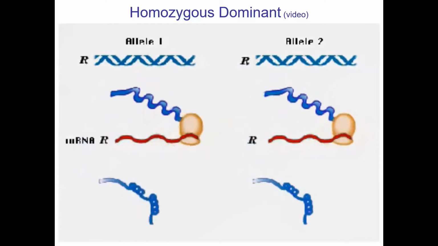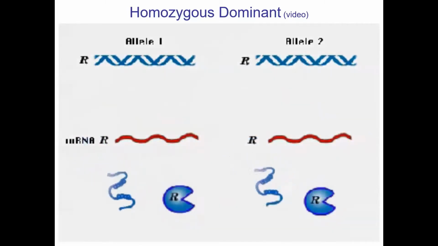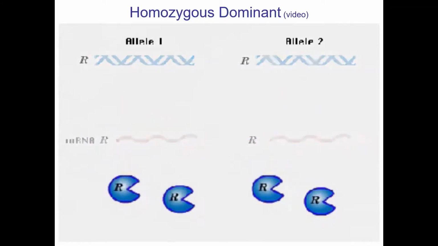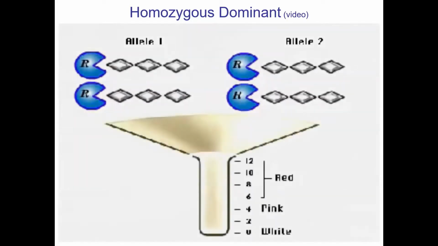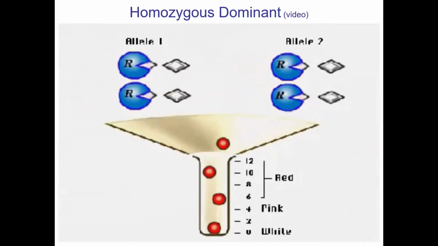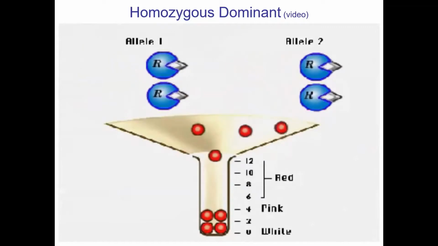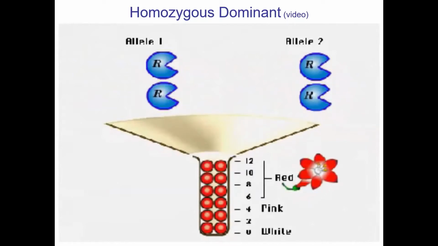In this case, these proteins are little enzymes, and these little enzymes are involved in making some sort of pigment. So like I said, these are the same for both alleles, and there it goes, and it's going to make some pigment. And the pigment is, of course, red, because it's a red flower. And this is the dominant color, so the flower grows and you get red.